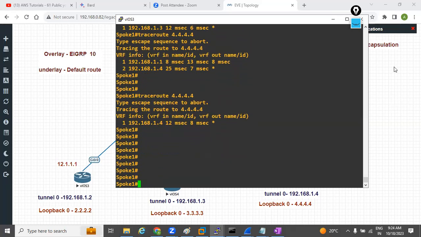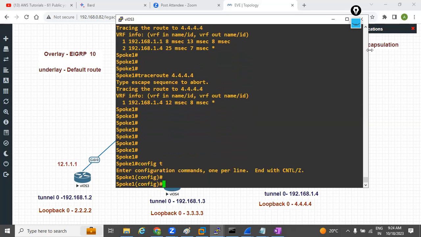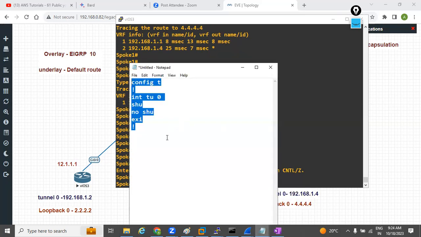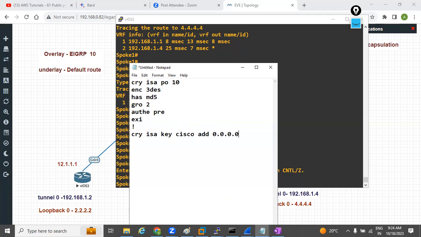Now, next after this: crypto isakmp policy 10, encryption 3DES, hash MD5, group 2, authentication pre-share. Crypto isakmp key Cisco address. Okay.